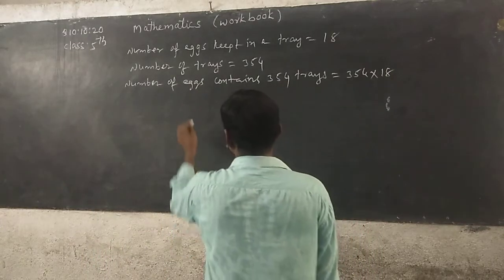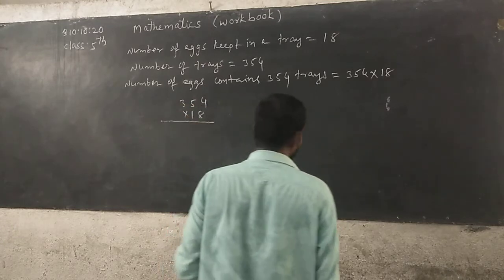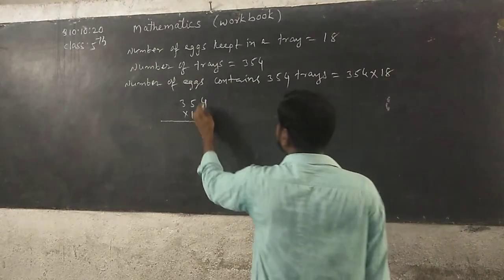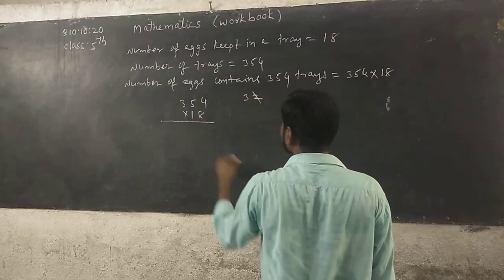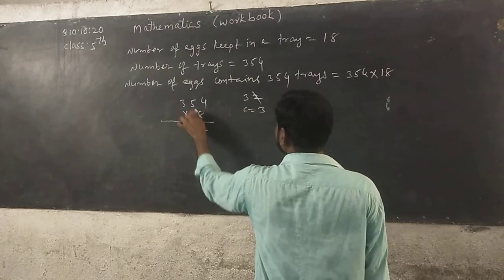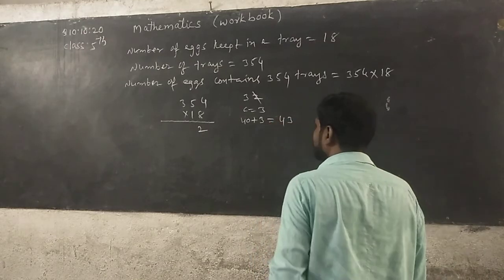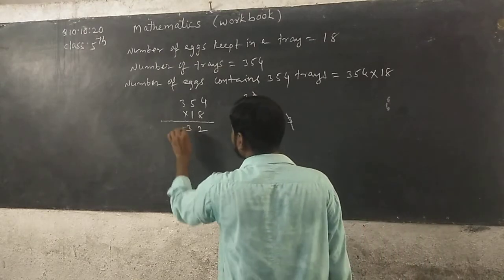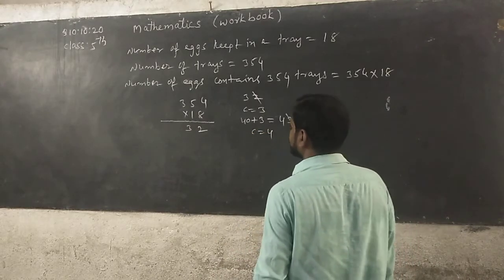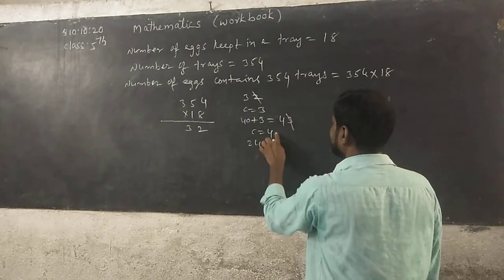See here, 354 into 18. 354 multiply with 8 first. So 8 4s are 32. 2 is taking, write down under ones place of the product, carrying 3. 8 5s are 40 plus 3. 3 is added to 40, you get 43. In it, 3 is taking, write down under tens place of the product, carrying 4 beta. 8 3s are 24. 24 plus 4.